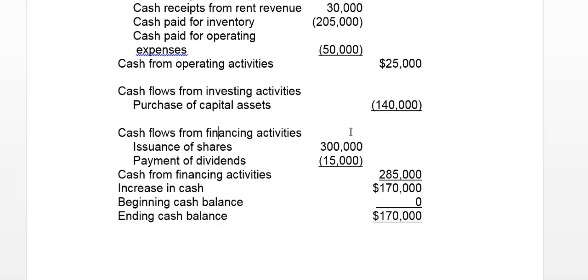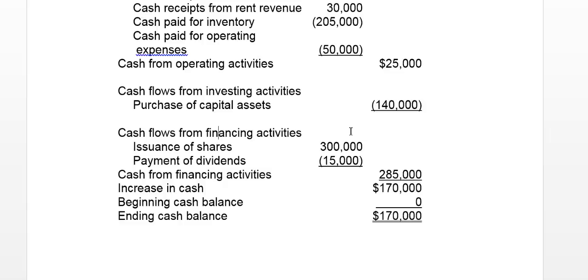Now we have our financing activities, the F in OIF. So where are those? Financing activities are things that, if you had to borrow money, right? You got a bank loan. That's money coming into the company and you got the loan to finance your business. When you issue shares to investors, the investors give you money, right?